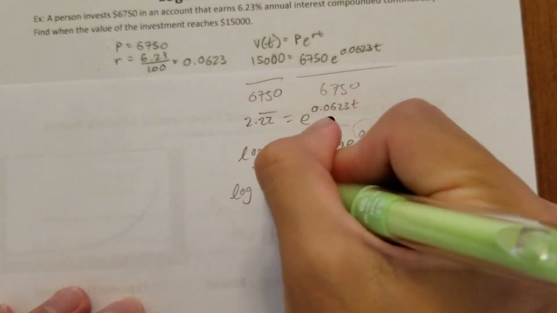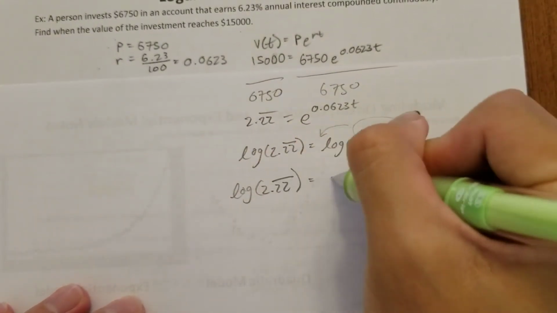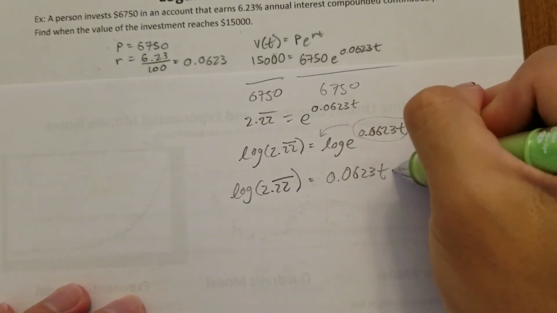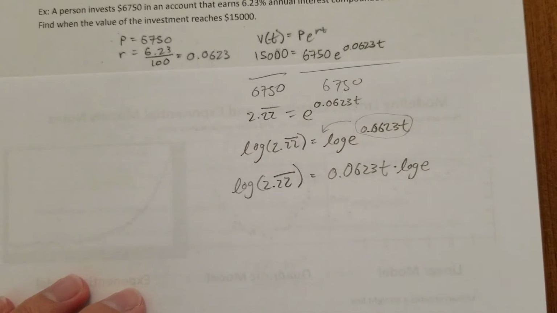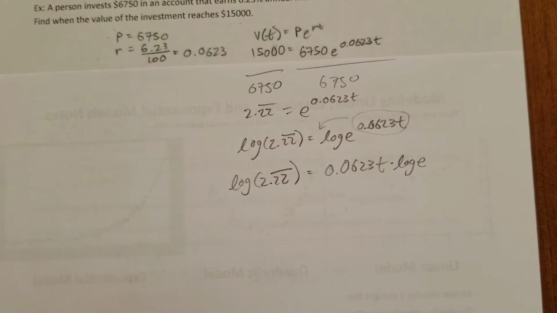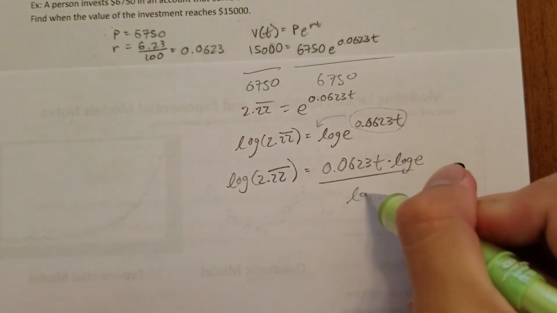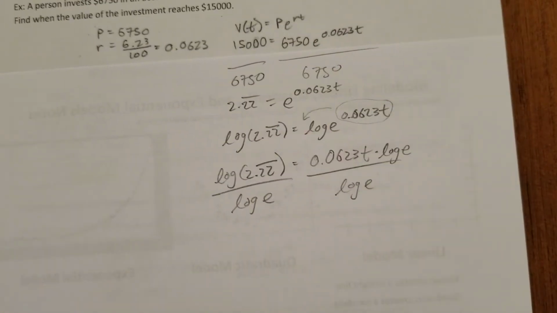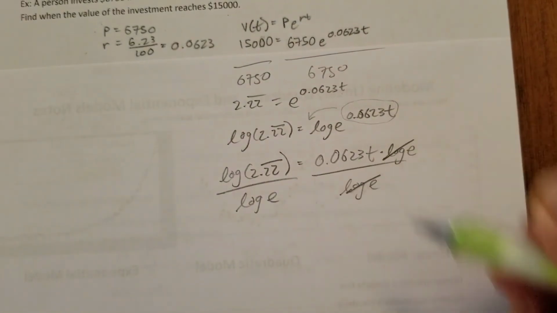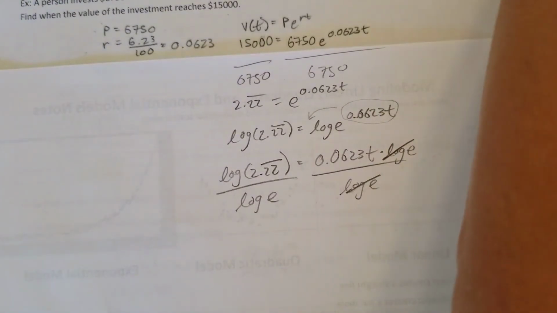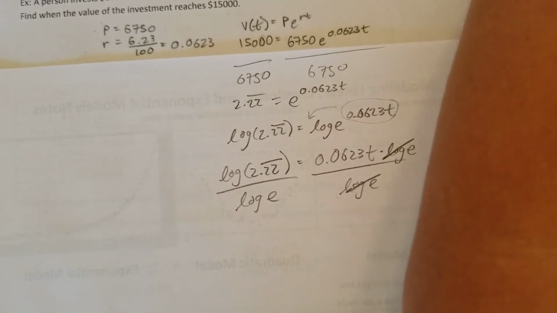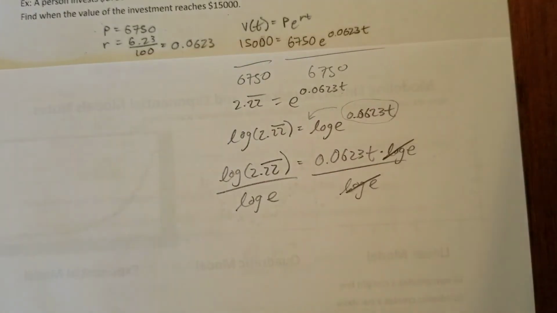So this is going to be log of 2.22 equals 0.0623 T times log of E. So I can divide both sides by log of E. If you remember, E is just a constant, so this disappears. Now I can just type in log of 2.222 divided by log of E.